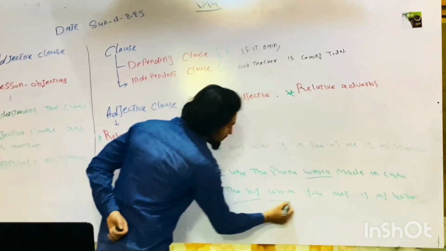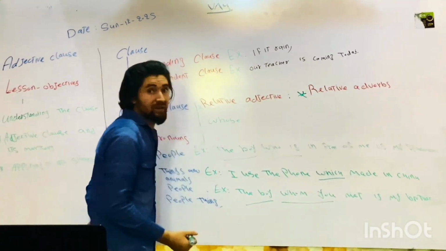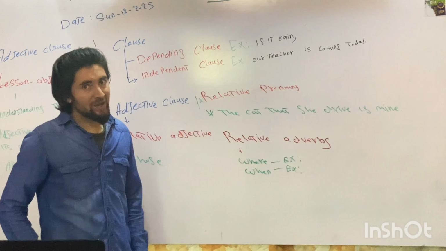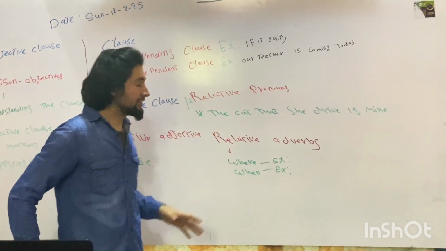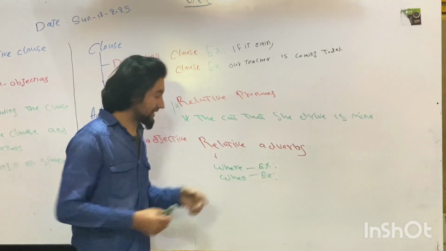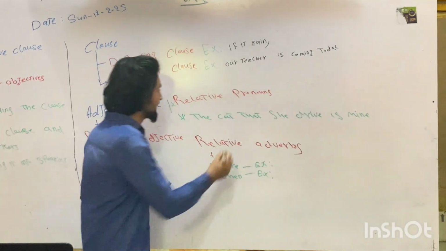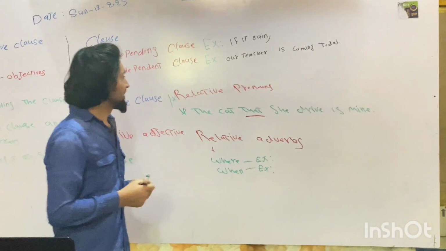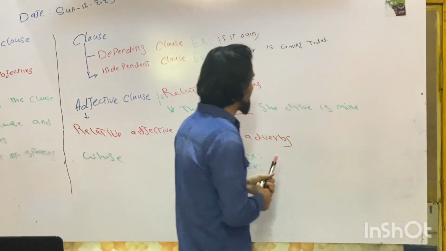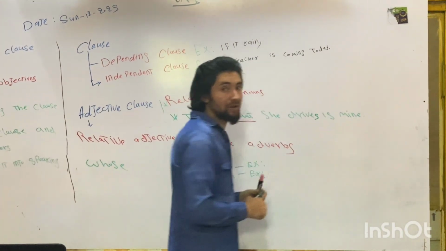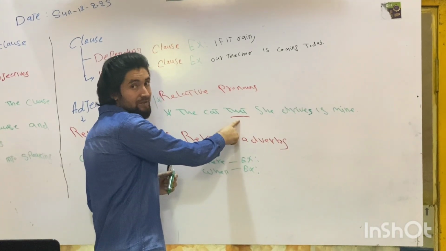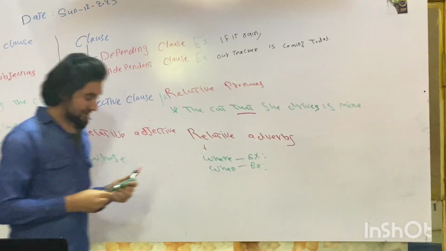The boy whom you meet is the adjective clause for the sentence. Alright, only one thing is left about relative pronouns to talk about, that is that. The car that she drives is mine. Here, that identifies the adjective clause in the sentence.